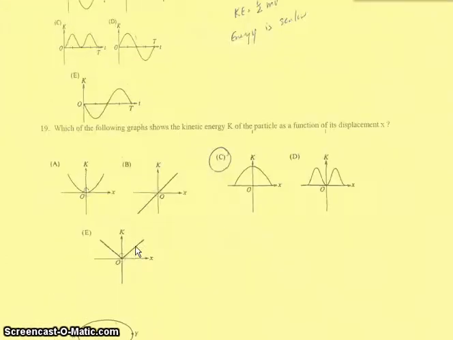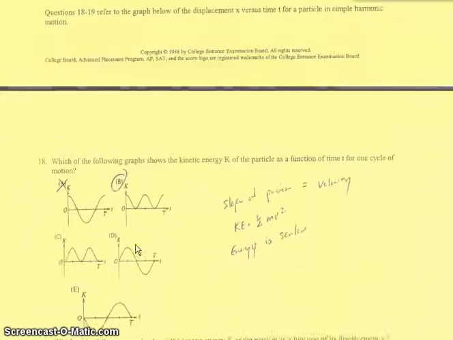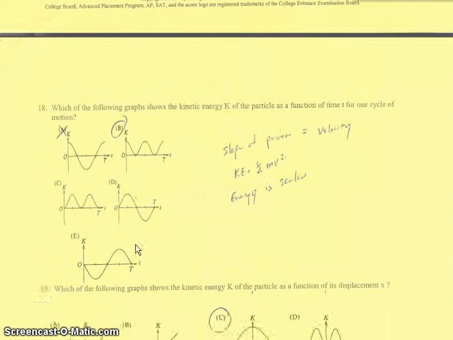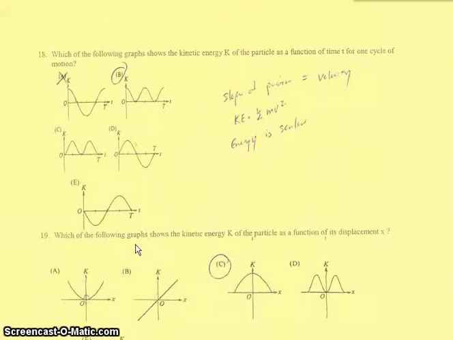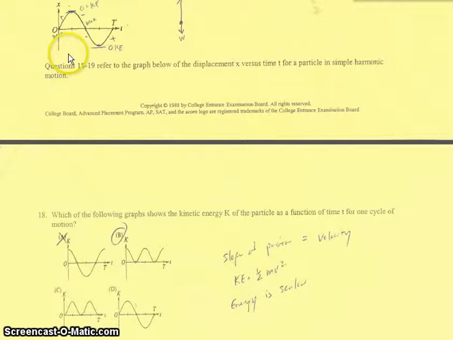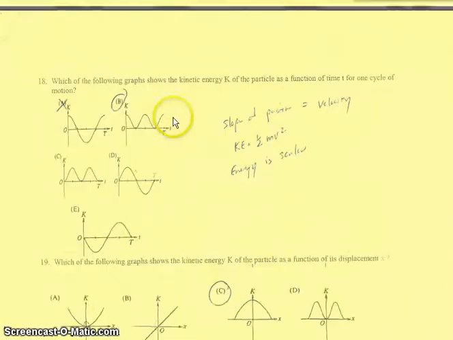Number 19, which of the following graphs show the displacement? Okay, so again, I'm going back up here and looking at this original graph to see what's going on with kinetic energy versus position. I'm at maximum kinetic energy when I'm at 0 on my position graph, and I'm back at a maximum at 0 and a maximum at 0, and I'm at zero kinetic energy when I'm at a maximum position.